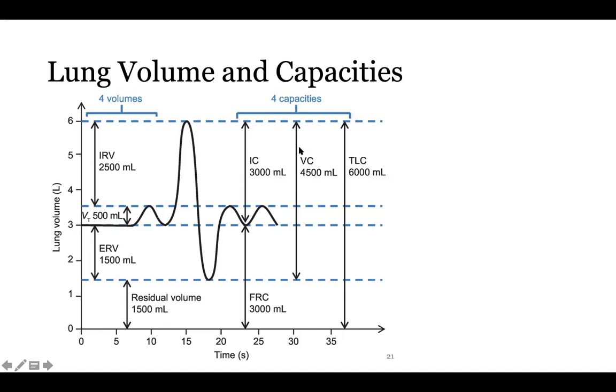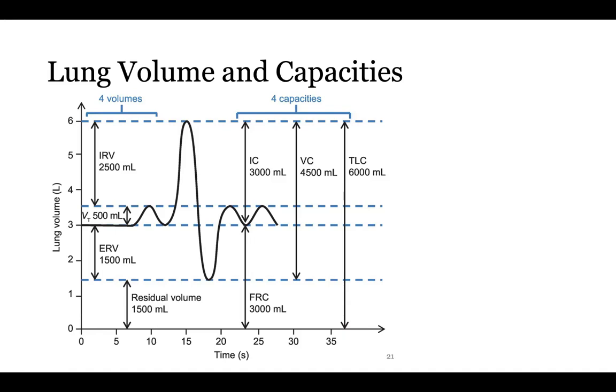The vital capacity is the inspiratory reserve volume plus tidal volume plus expiratory reserve volume, or the inspiratory capacity plus ERV. It is approximately 4,500 milliliters.